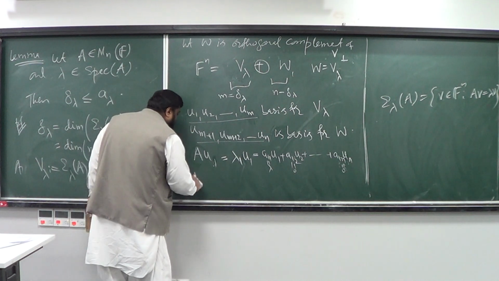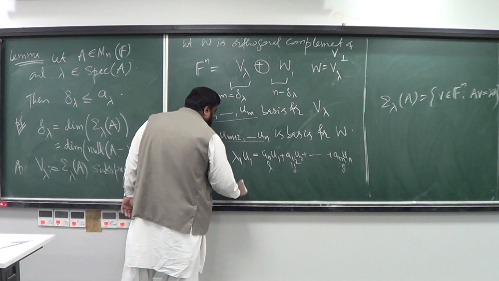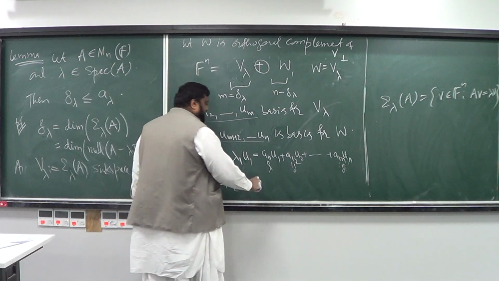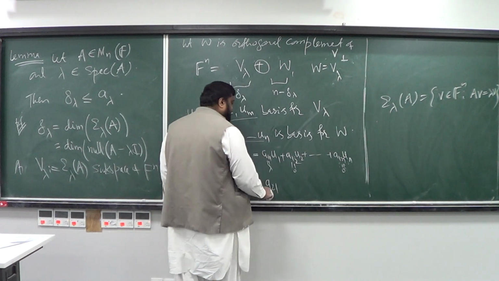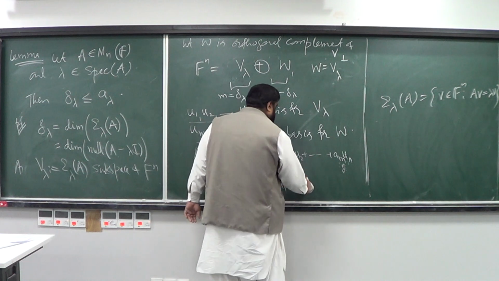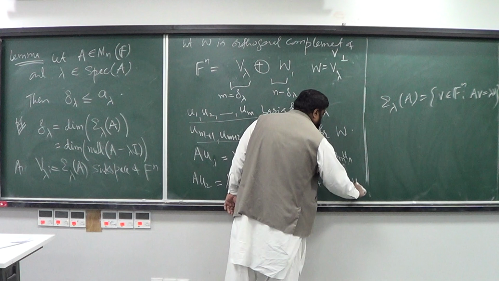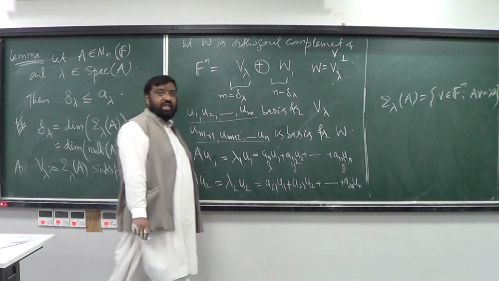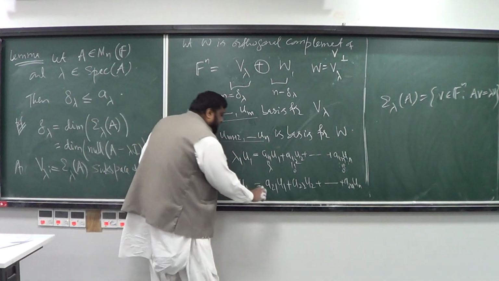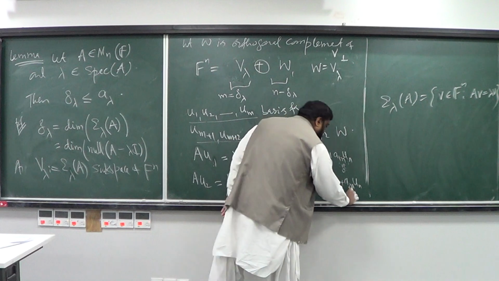How about if I apply A onto U2? I'm going to get lambda U2, but I can play the same game with it. You're going to have A21 U1 plus A22 U2 plus so on and so forth up to A2n Un, where A21 is 0, A22 is lambda, and the rest of the coefficients are 0.